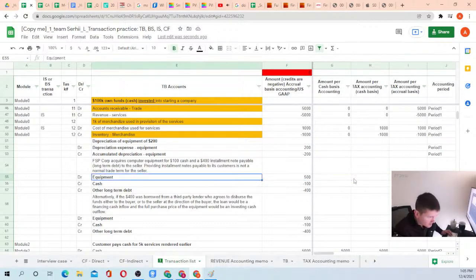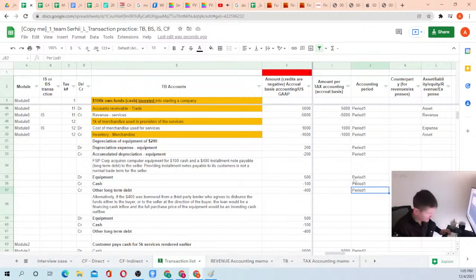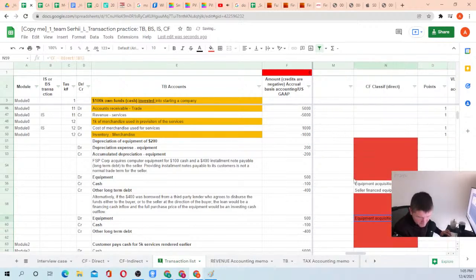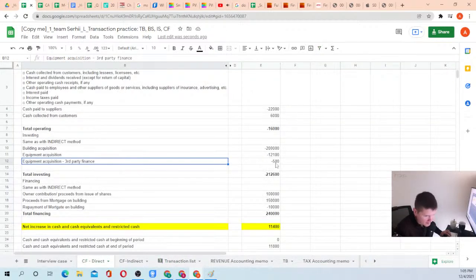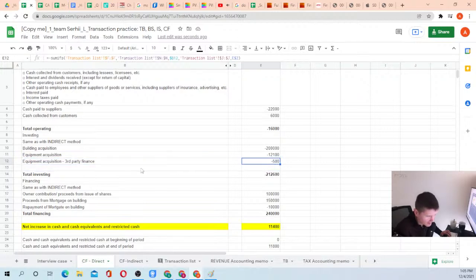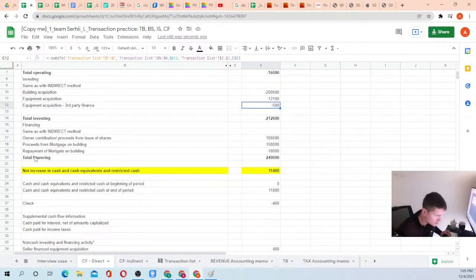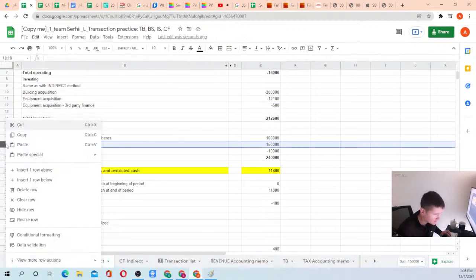What am I missing here? Oh, I'm missing the period. Okay, now it is clear. 500. In that case, we show full value, and we also show acquisition of financing.